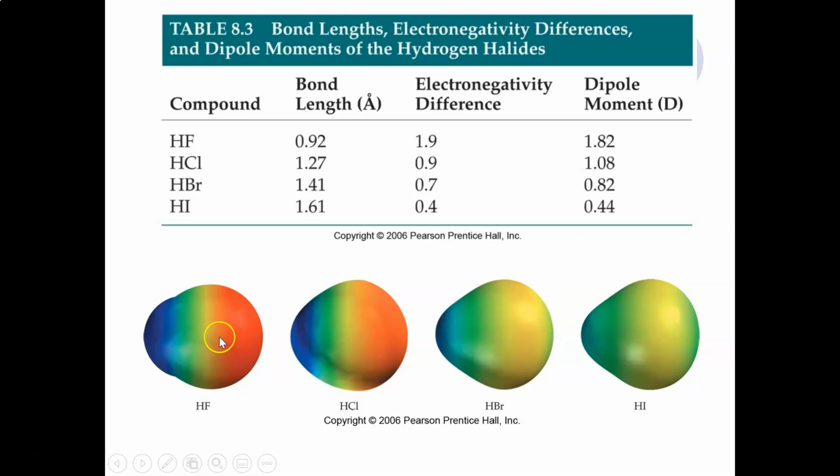Notice what happens as we go from HF: a lot of red, little red, no red, almost all green, because the difference between electronegativities is 0.4. So you almost have a pure covalent bond, with a little bit of leaning to one side. By looking at this, what can you conclude has a larger impact on the dipole moment, the bond length or the electronegativity? Hopefully you're seeing that it's the electronegativity that has a much bigger impact on the dipole moment.